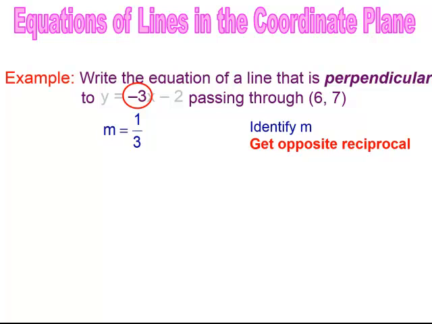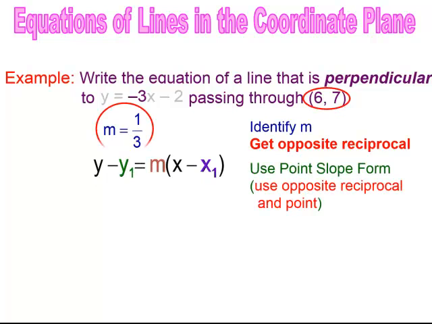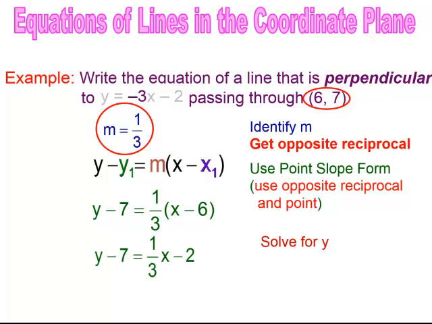So this is the perpendicular slope for this equation, and now I'm going to use this slope and that point (6, 7) in the point slope form to find the equation of the line that would be perpendicular. So you're going to substitute it into the point slope form and solve for y. Be careful here, 1/3 times 6 will give you 2 when you do that distributive property.